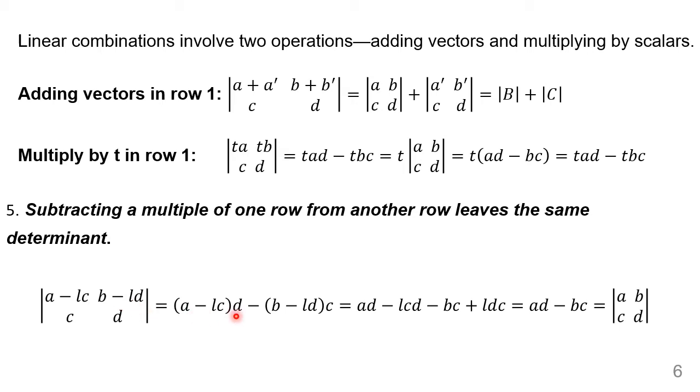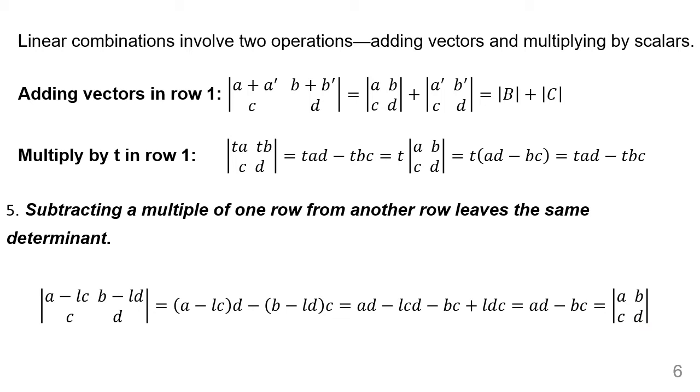So a minus lc into d minus b minus ld into c. That will give you ad minus lcd minus bc plus lbc. That gives you ad minus bc, because these two terms will get cancelled out. We will get ad minus bc, which is as good as the determinant of the matrix a, b, c, d.